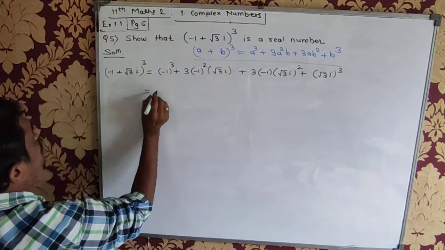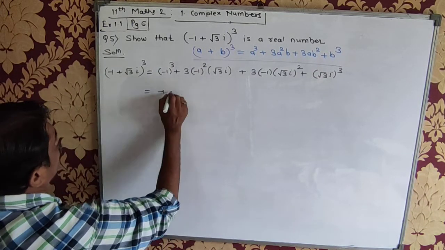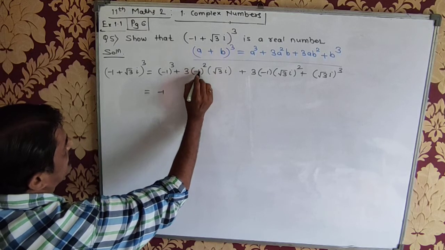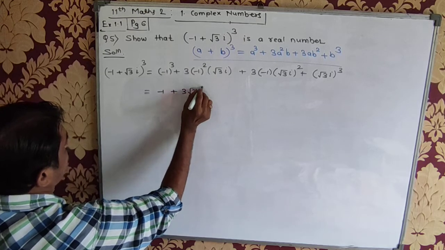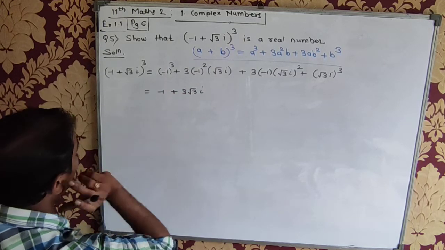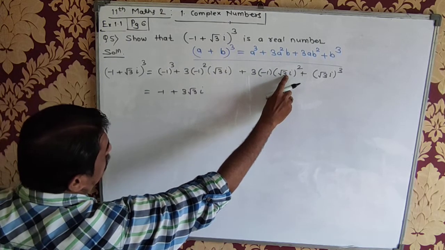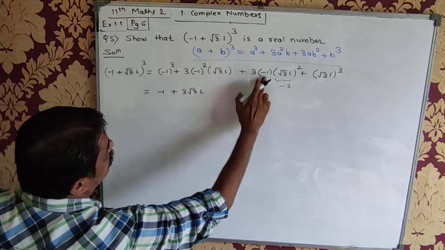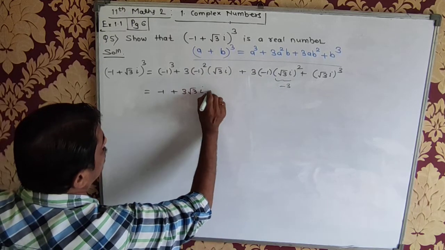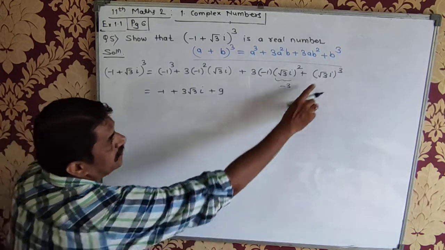Now simplify. Minus 1 cube is minus 1. Minus 1 square is 1. So this is plus 3 root 3i. And root 3 square is 3, so minus 3 into minus 3, that is plus 9. Correct? Now root 3 cube.